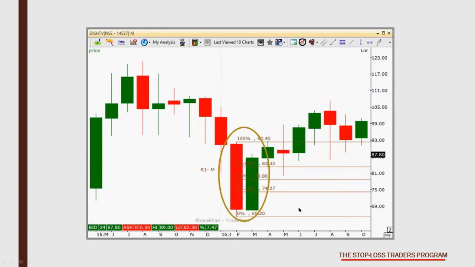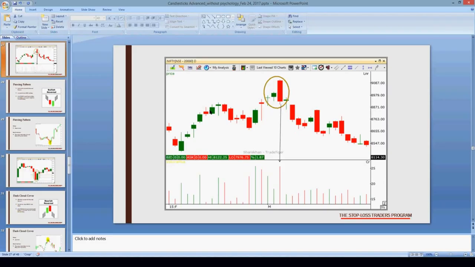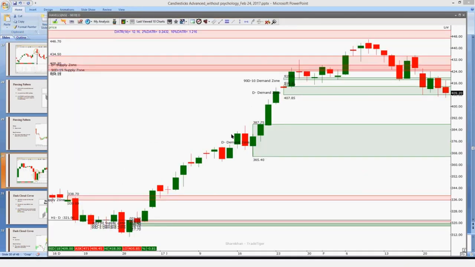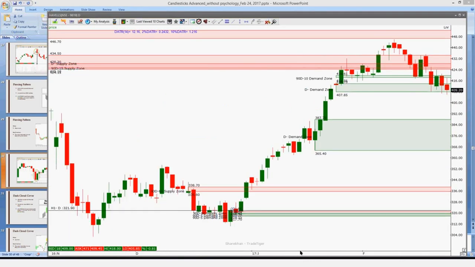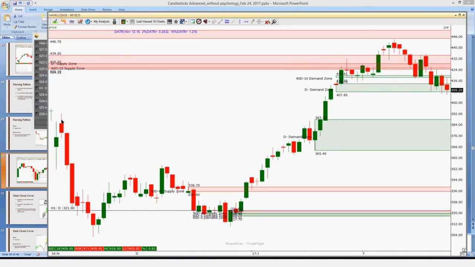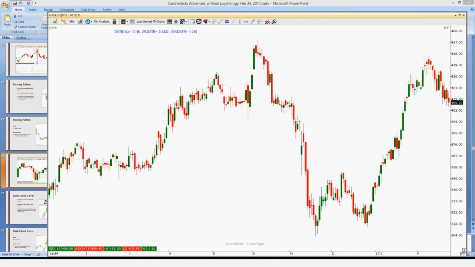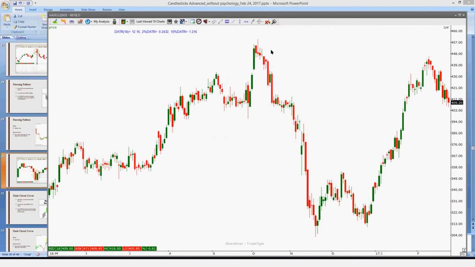So I have one example for you, a very recent one: Havells. Again, I'm going to hide everything. Now, what kind of a trend is this?